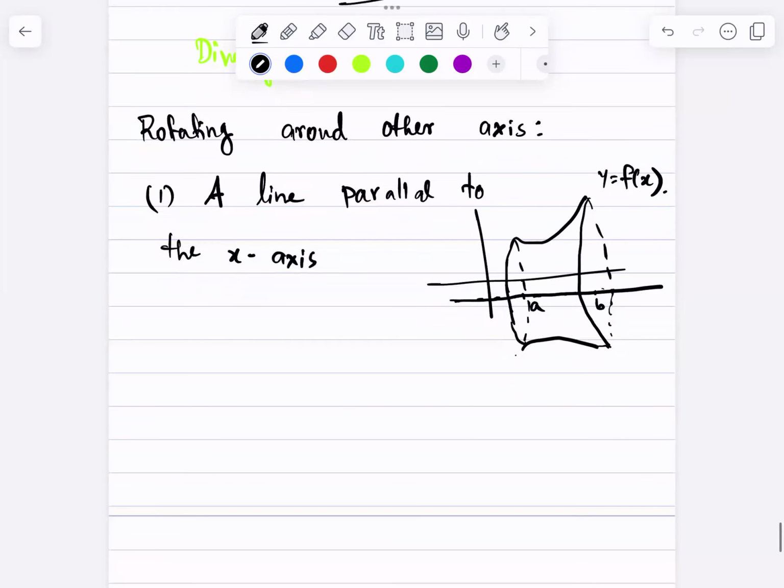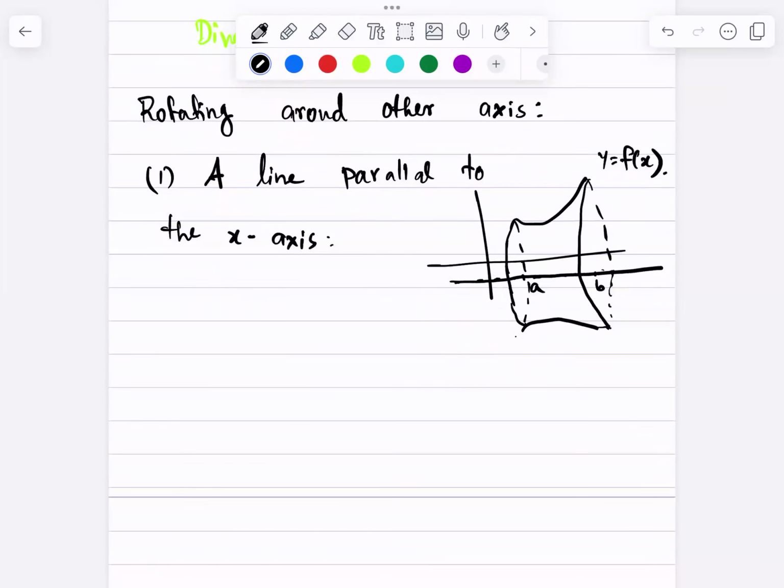Okay, then how will my formula be? My formula will stay the same, just a little different: 2 pi r ds. But here, this line was y equal to b, right?